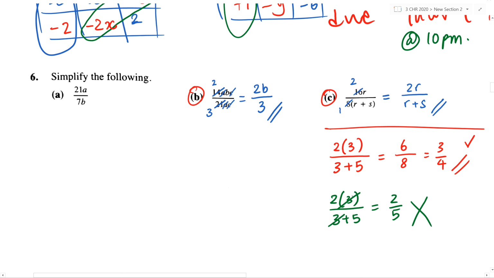So we are unable to cancel these two 3's even though they are common, and the reason is because this 3 is not a factor. It is a 3 plus, it is not a 3 times. Okay, so right now please try question 6a.